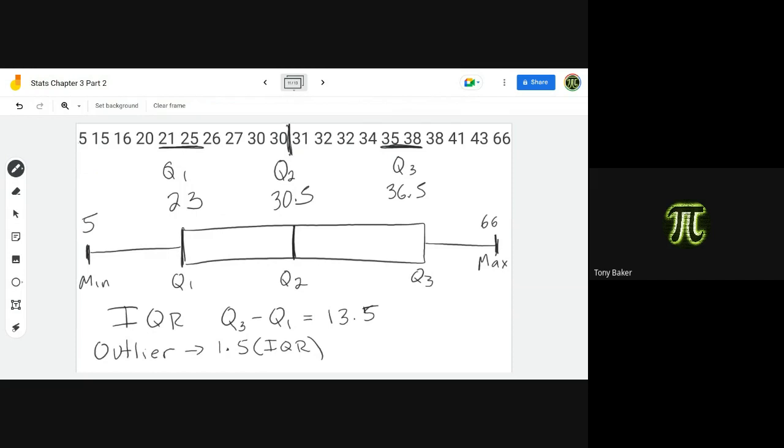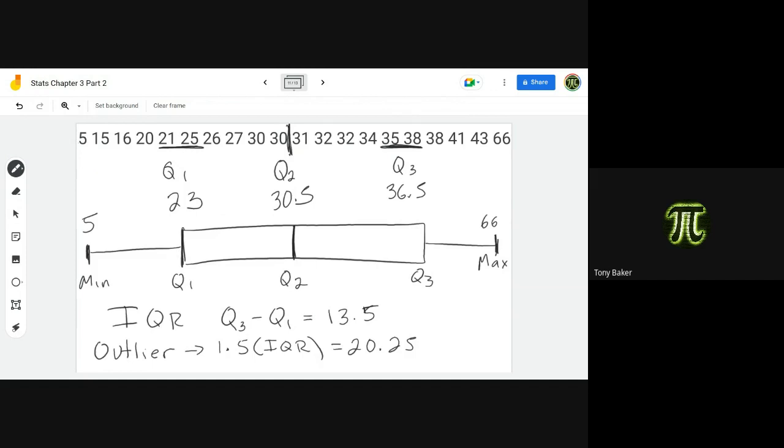What's 1.5 times my interquartile range? 20.25. Okay. So to find an outlier, it's got to be farther away from Q1 or Q3 than 20.25.